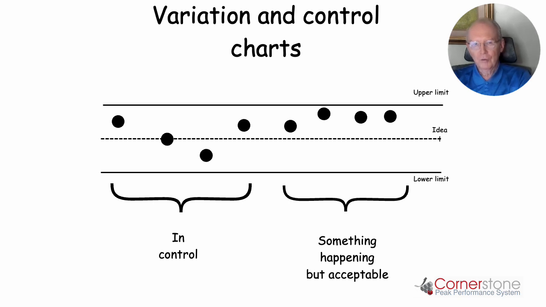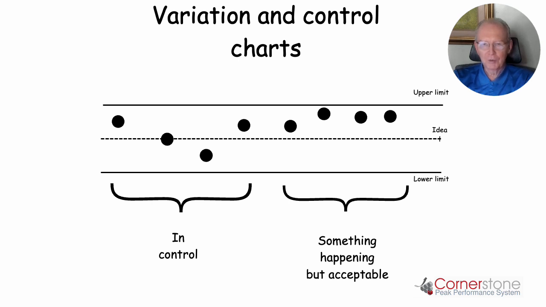This next control chart shows that it is in control, but I've marked the first 4 as being in control because there was something happening with the next 4. They're reaching towards the upper limit and they seem to be consistently there. So I would start thinking about, I wonder what's happening there.